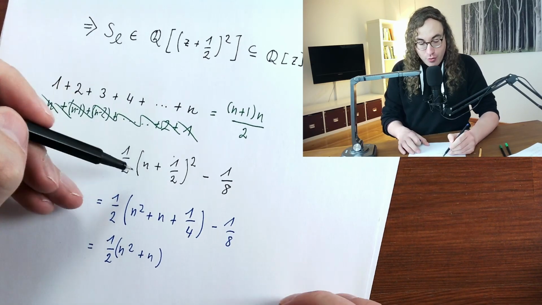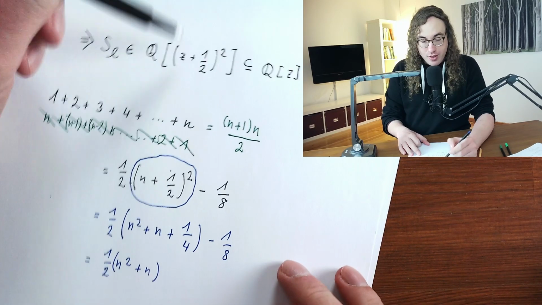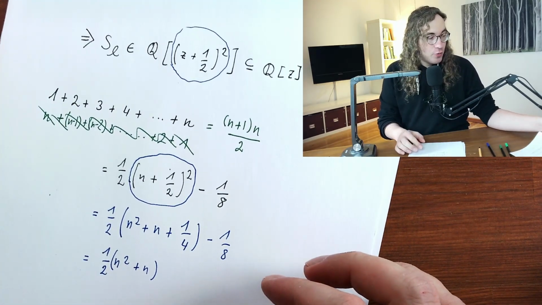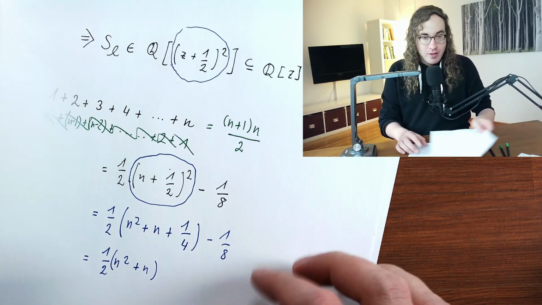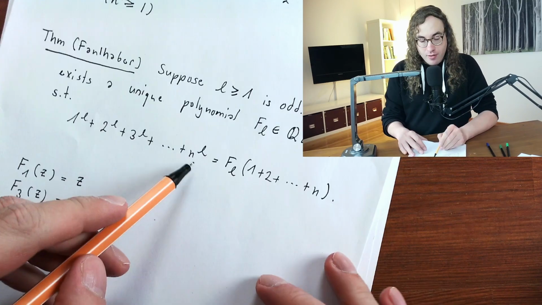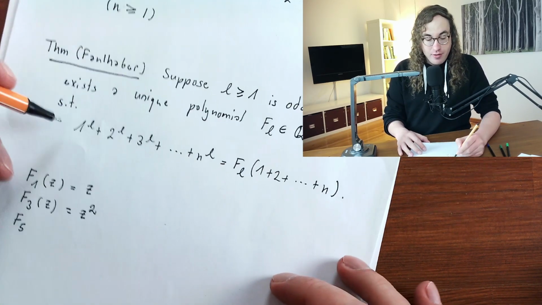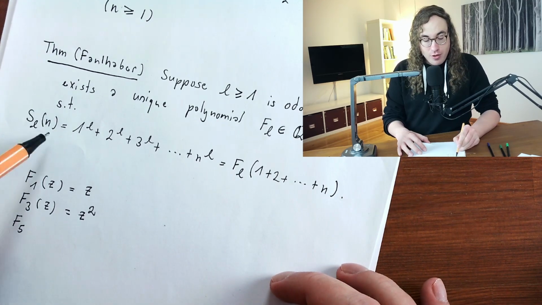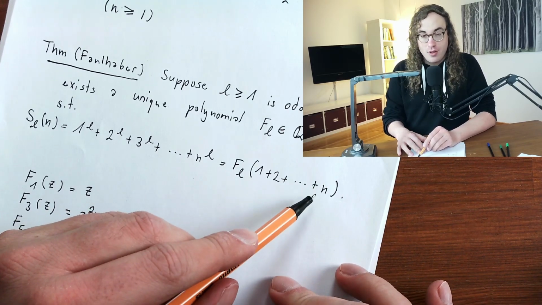But now I note that this term here looks precisely like this term. Remember what we had to prove. It was the claim that if I want to evaluate this term, which is SL of n, using our notation, then this is a polynomial in 1 plus 2 and so on till n.